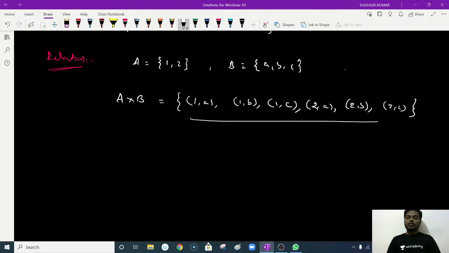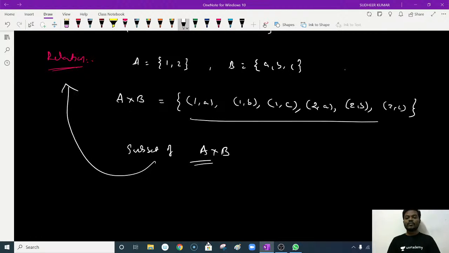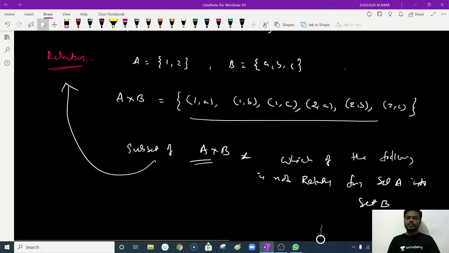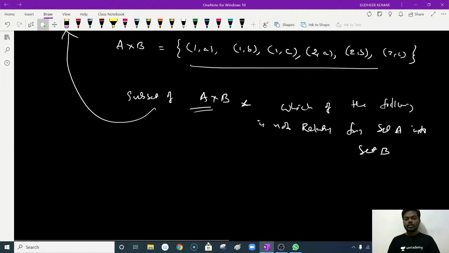Now the subset of A cross B is called a relation. So the relation is defined as a subset of A cross B. Now, which of the following is not a relation from set A to set B? If this question is given, let us go to the options.